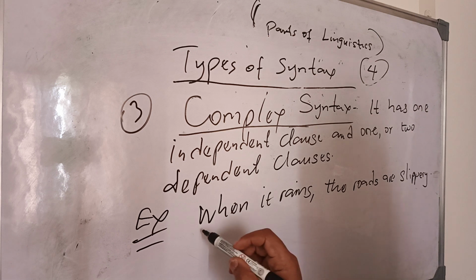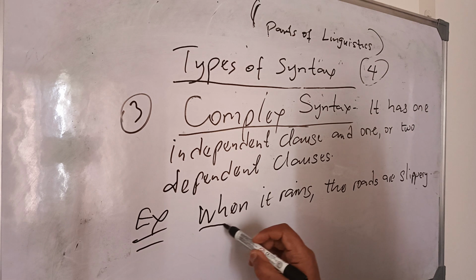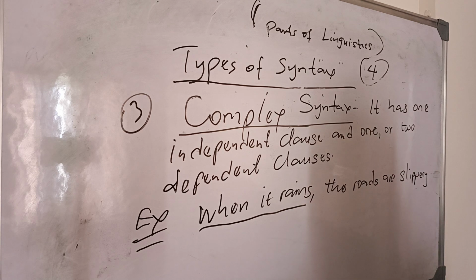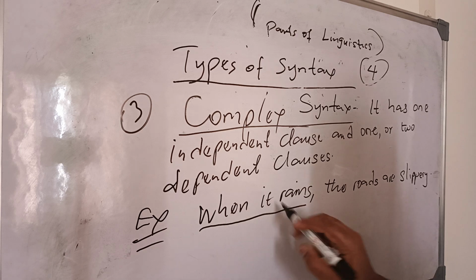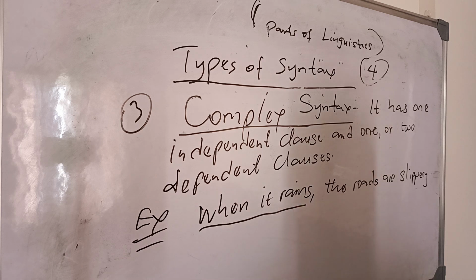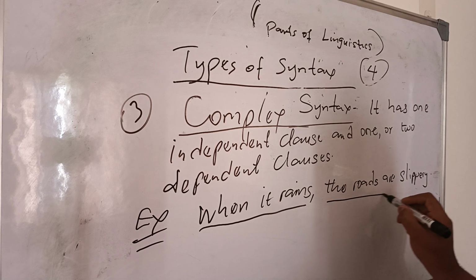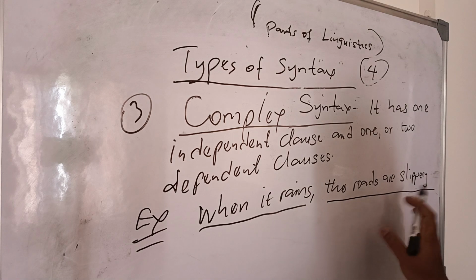So this is a dependent clause because it doesn't stand on its own. It can't stand on its own. So the roads are slippery is a complete sentence. So this is independent.